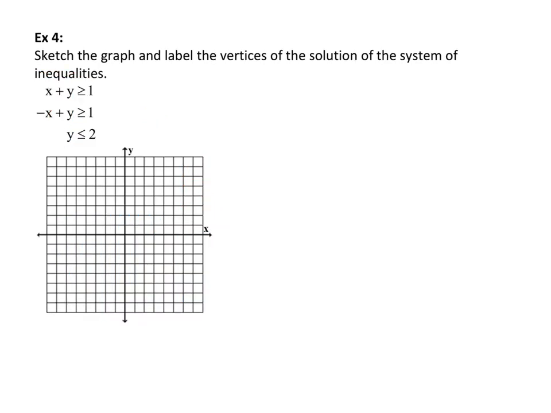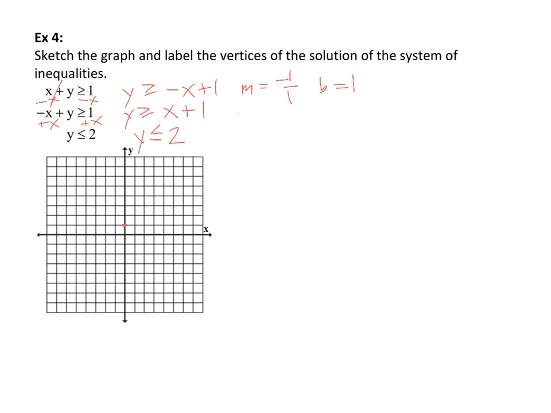Now let's do another example. Before we graph the inequalities, we have to get y by itself. Okay, so for the first equation, I start at 1, and I apply the slope, negative 1 over 1.